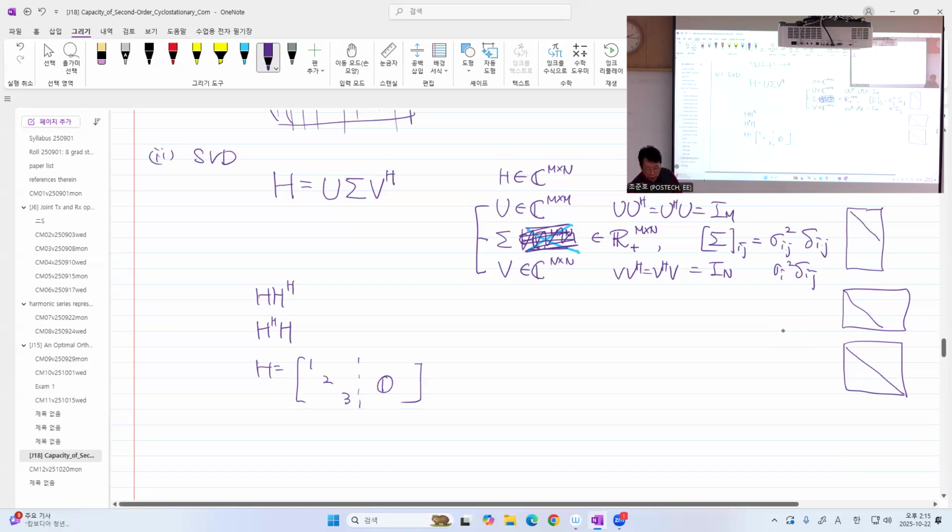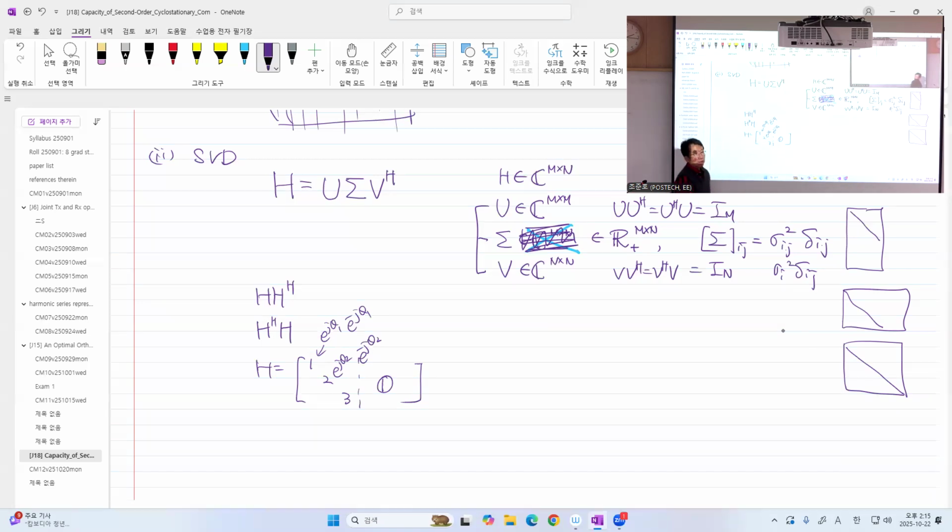Then you may introduce any arbitrary e to the j theta 1 and e to the negative j theta 1, e to the j theta 2, e to the negative j theta 2, with arbitrary theta 1, theta 2, theta 3, and give them to U and V. In that case, you definitely have non-uniqueness of singular value decomposition.